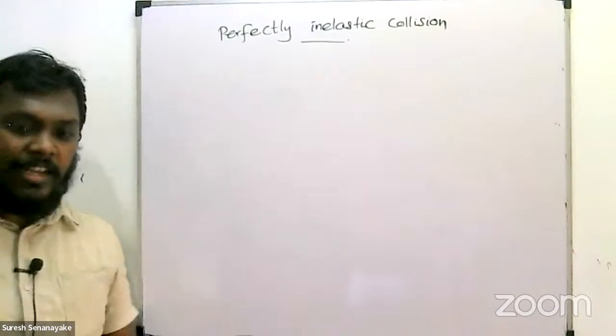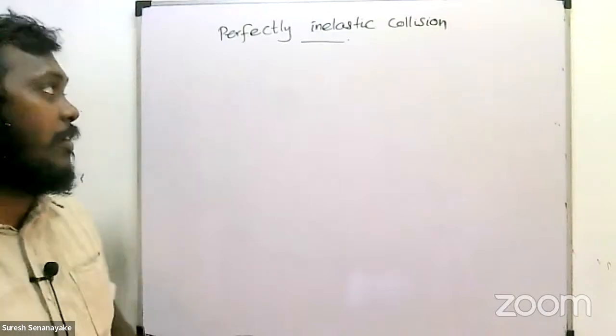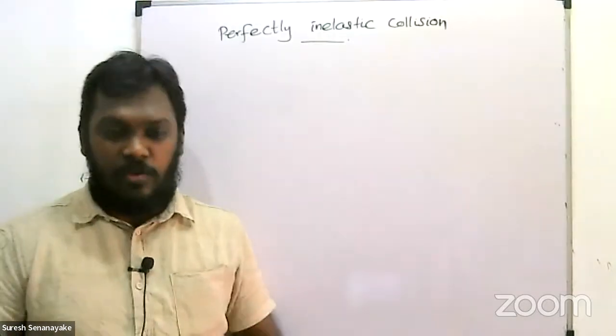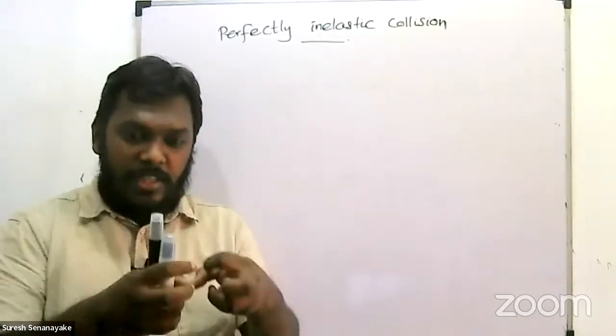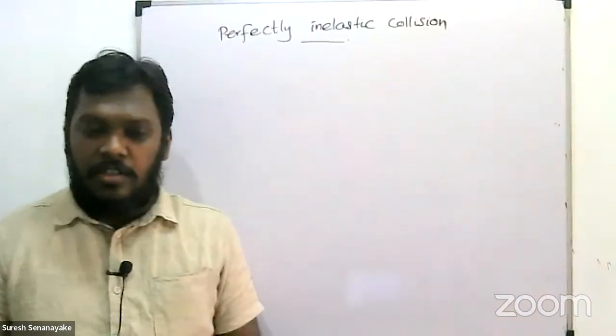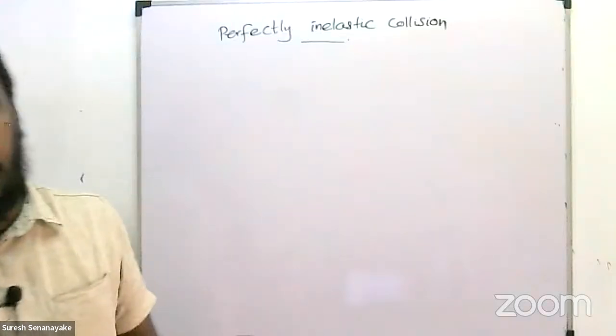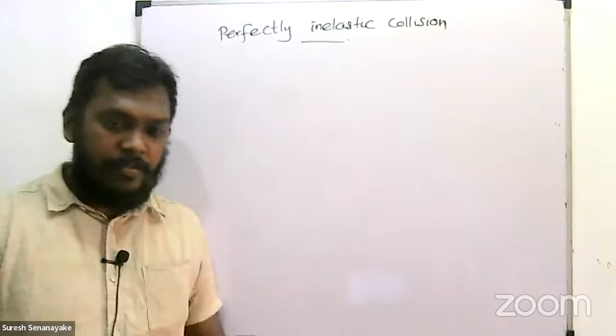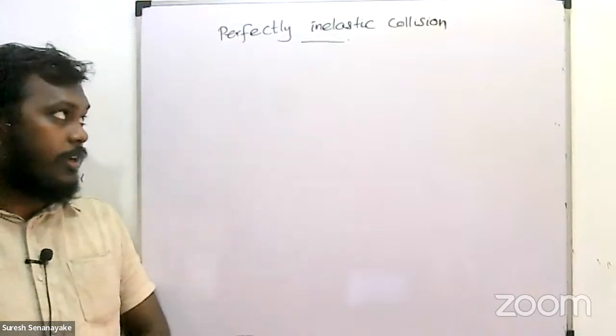That perfectly inelastic means, last week I gave you that definition, that is, if two bodies after the collision stick together and move as a single body, or combine the two bodies and they're moving, we call it a perfectly inelastic collision. That's the maximum kinetic energy is lost in that kind of collision, right?